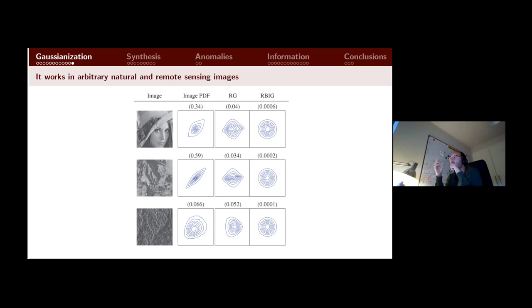And RBIG, the name of this Gaussianization technique, the rotation-based iterative Gaussianization, returns better results than a competing method called radial Gaussianization, which was especially designed for natural images. And the good thing is that you can really see in the last column that the joint is a Gaussian and the mutual information is virtually 0.